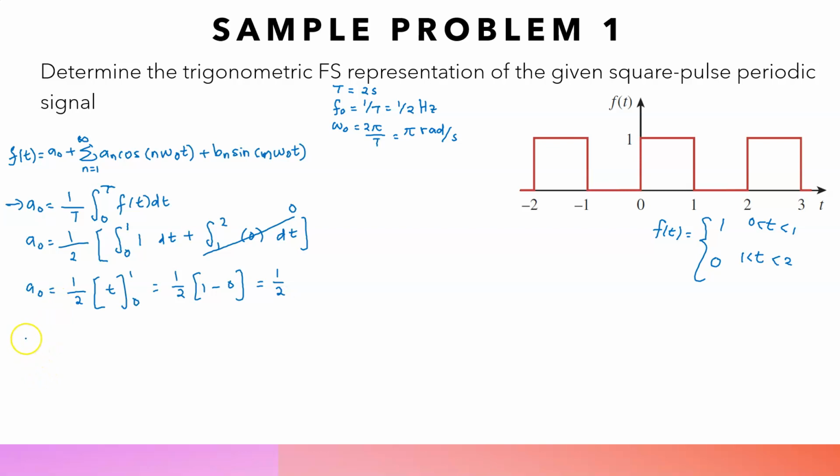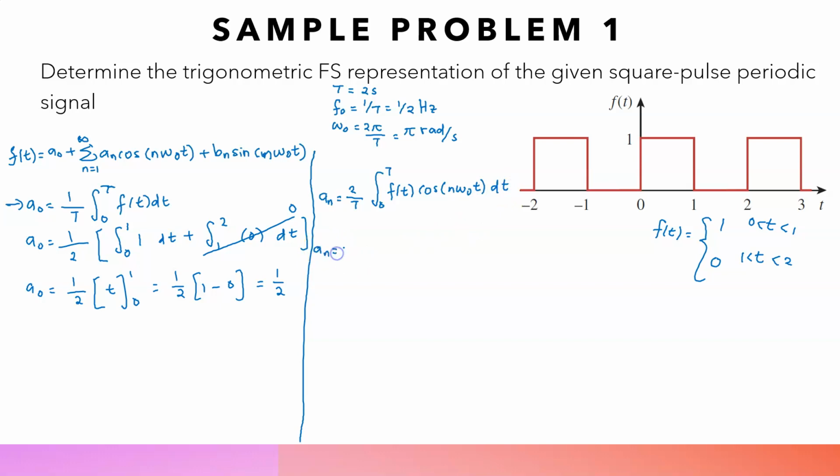And an. An is calculated using this formula: 2 over T, integration through the period as well, of f of t multiplied by cos n omega0 t dt.